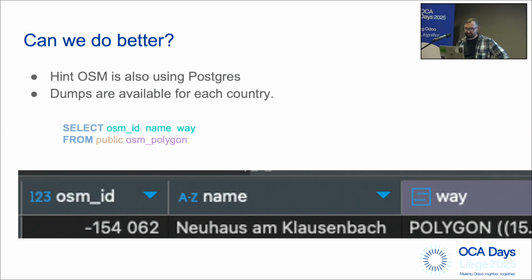But the interesting part for this project I discovered way too late: the OpenStreetMaps project is all done in Postgres. So you basically can get a dump of your country, import it, and then getting the data is just an SQL statement, more or less, and you can get rid of all the API requests, just to let you know.